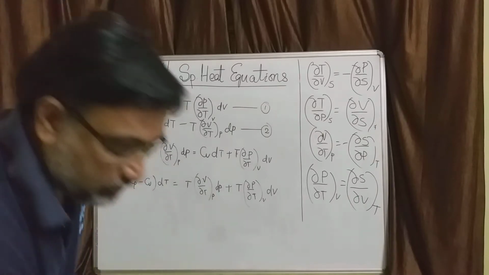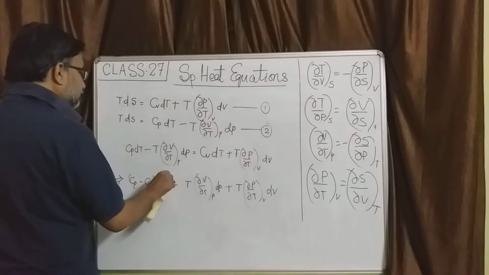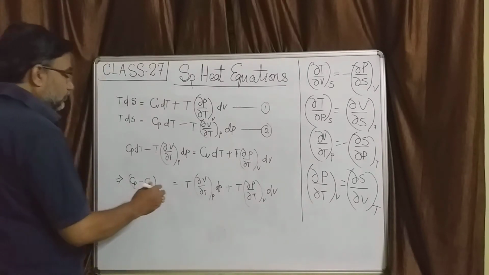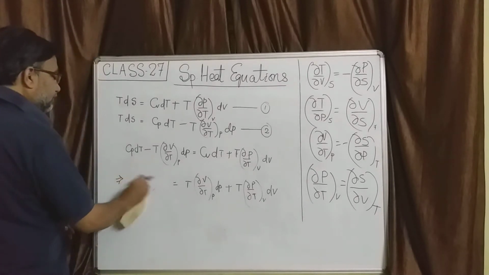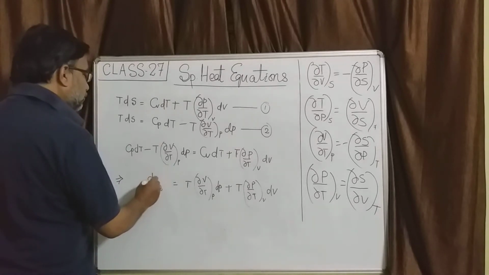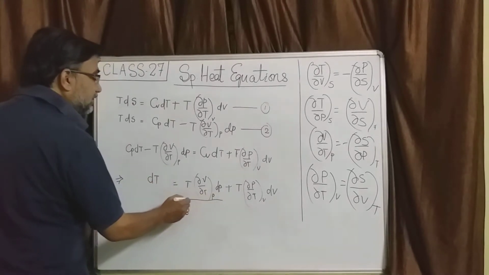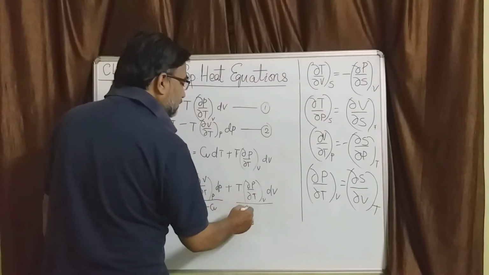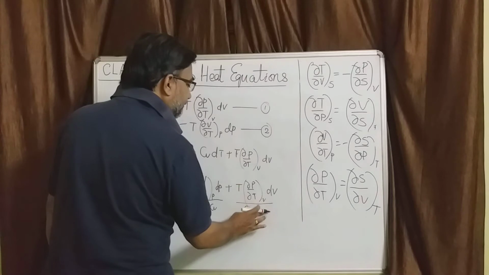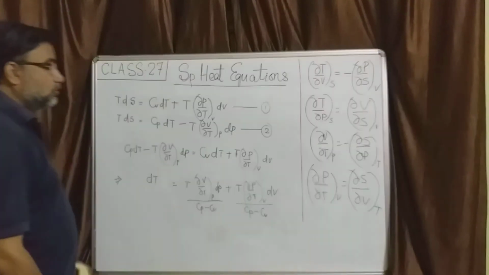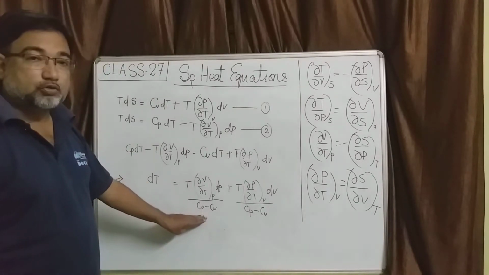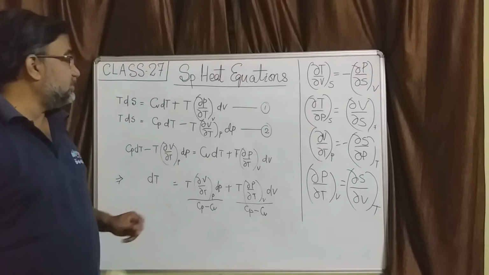We can also write it this way, that dT is equal to this divided by Cp minus Cv and this divided by Cp minus Cv. So Cp minus Cv has come to the denominator. So dT is this.